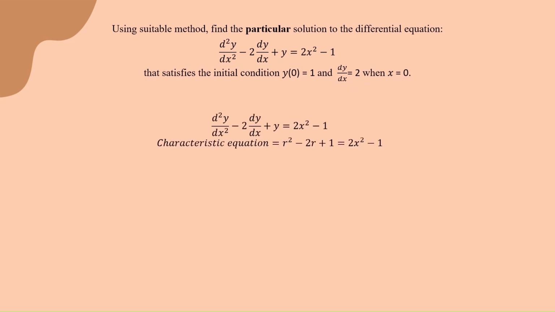So firstly, we need to write out the characteristic equation, which is r squared minus 2r plus 1 equal to 2x squared minus 1. So from the characteristic equation, we know that a equal to 1, b equal to minus 2, and c equal to 1.